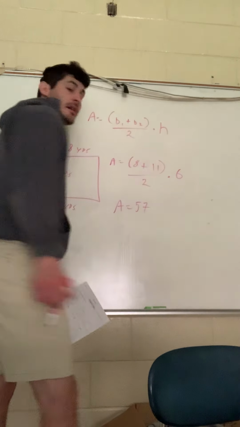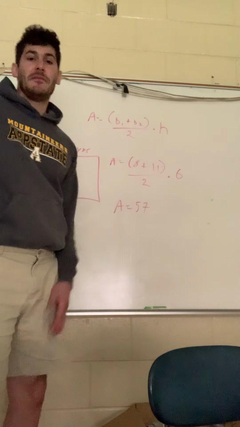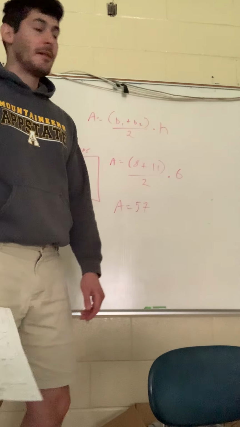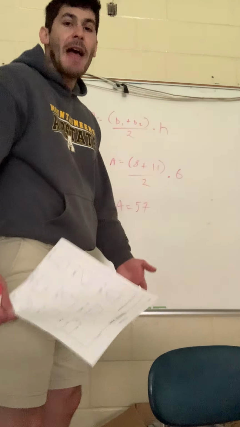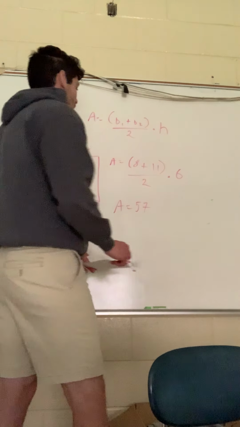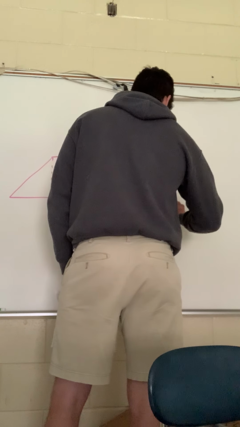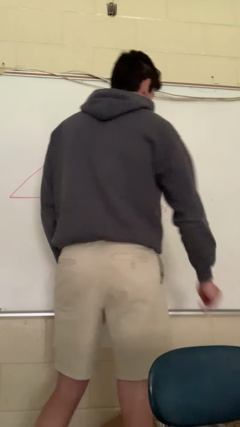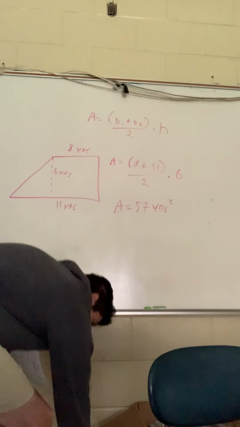Now, what am I missing here? My unit, right? That's very important, because 57 by itself means nothing in geometry. It can be the number of soccer balls, it can be the number of peanuts. It's got to have something next to it. My unit in this problem is yards, so square yards. 57 square yards.